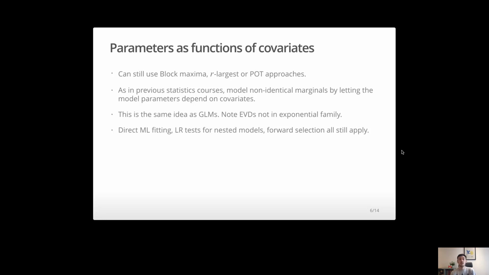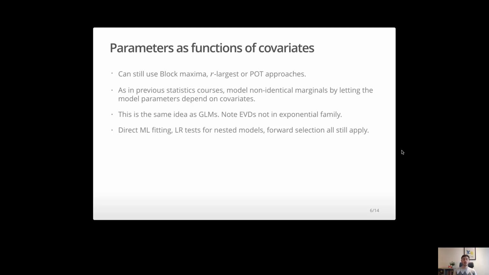What this allows us to do is to continue using all of the methodology that we spent the last 2 weeks developing. So we can use block maxima, R-largest, or peaks over threshold approaches, and we simply let the parameters in whichever of these models we're choosing to use be defined as some function of available covariates.